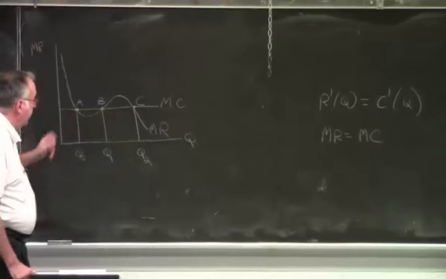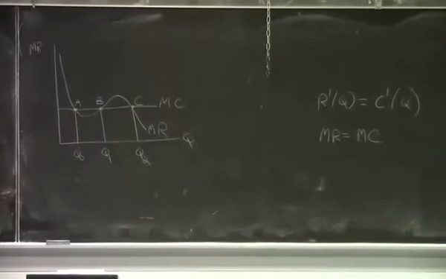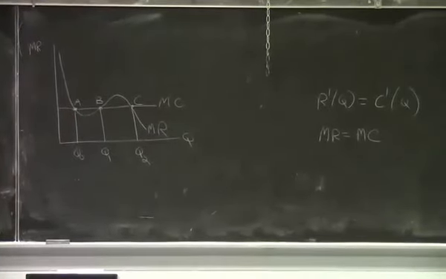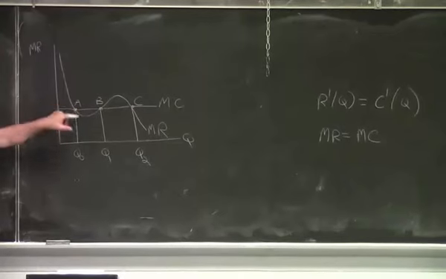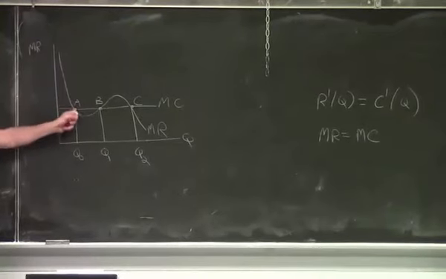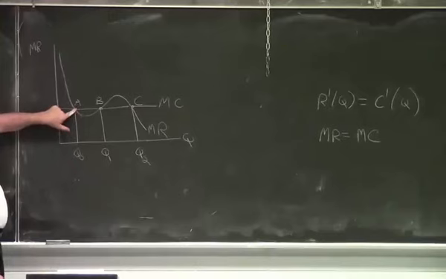What about A? A would also be a max, because at point A, the marginal revenue curve has a negative slope and marginal cost has a 0 slope, so this would be a maximum.